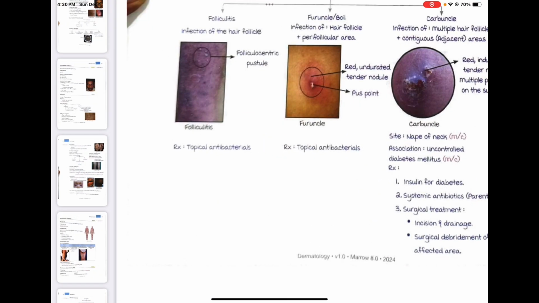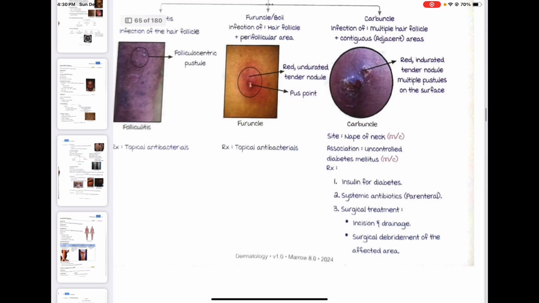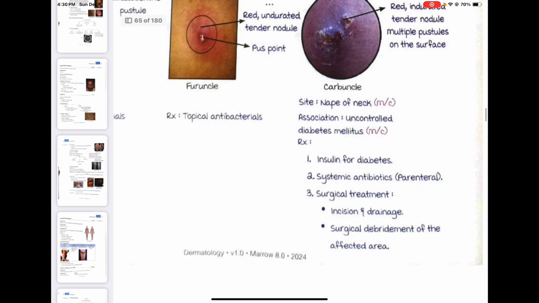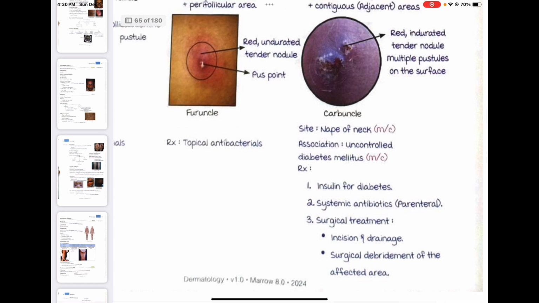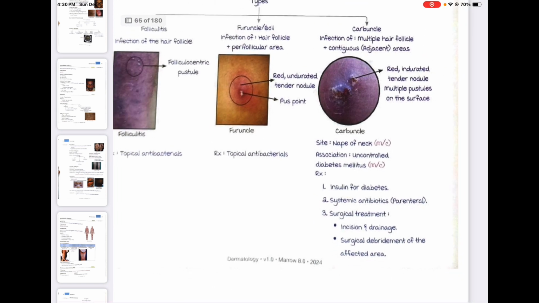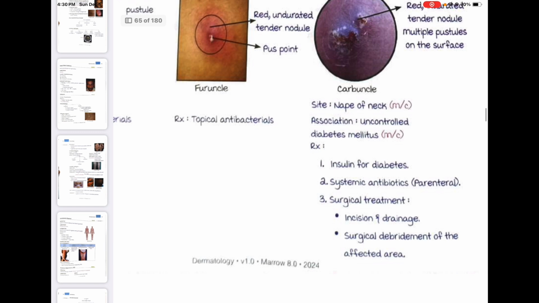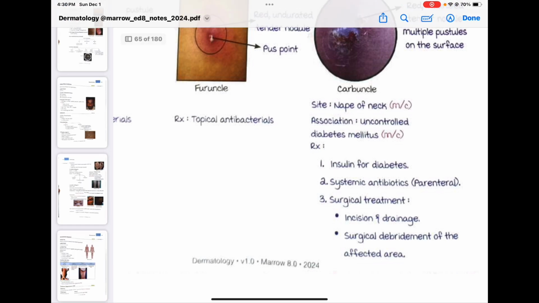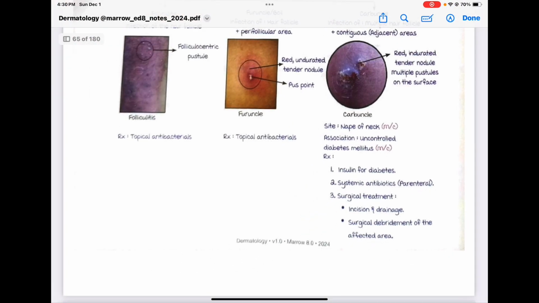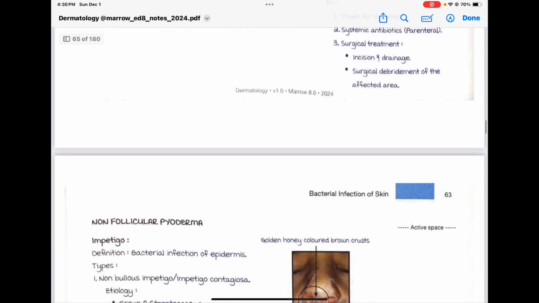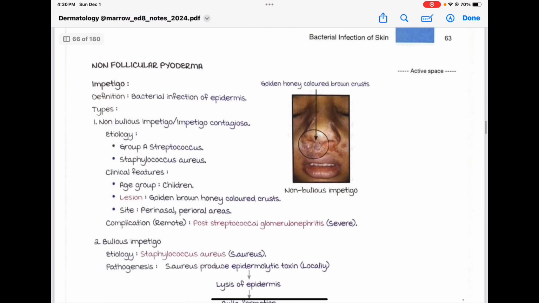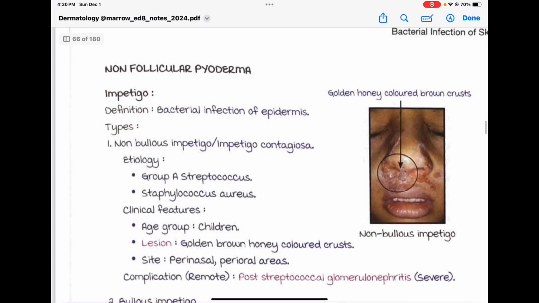So this is how it was treated. That patient presented similarly to a carbuncle, a pyoderma. As systemic antibiotic we chose cephalexin, and as topical antibiotic we chose fusidin. This is non-follicular pyoderma: impetigo, with golden honey-colored brown crusts.